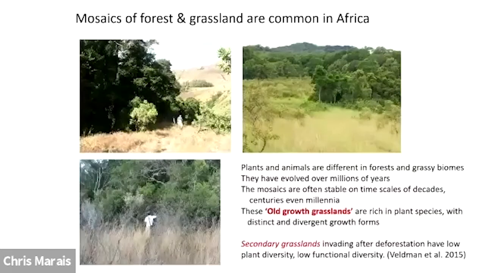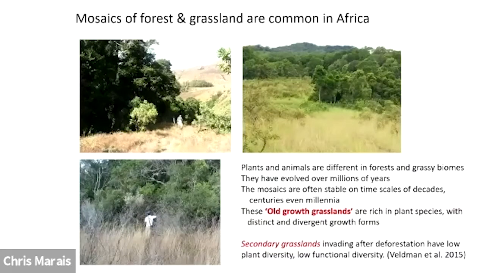And the differences between these open, sunlit, grassy systems and the closed forest systems are entirely natural. Plants and animals are very different in the two systems. We now realize that they've evolved over millions of years. More and more information is coming in. We would like more and more studies. We'd like to see how birds shift. People tend to work in the one system or the other.